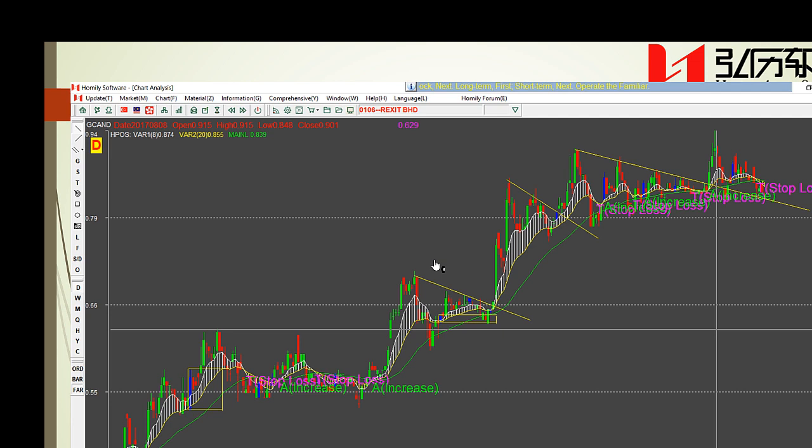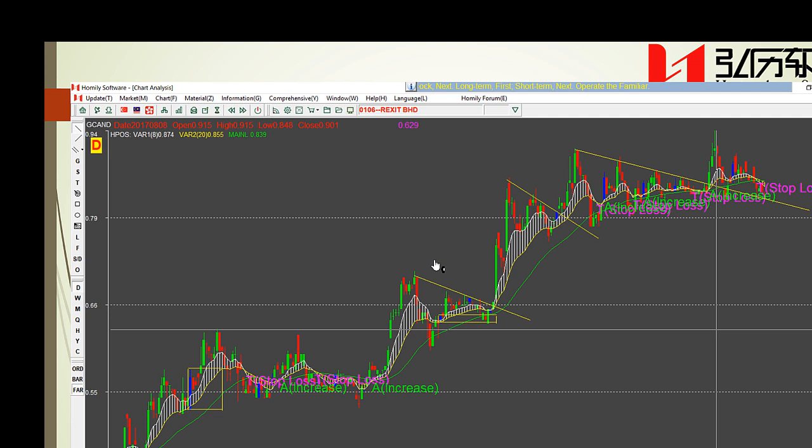Here is the trend line, and here is the previous high, so it is also resistance. Here is resistance, here is resistance, and here is resistance. Once we find out that the price cannot break out the resistance, we should sell it. Do you understand?